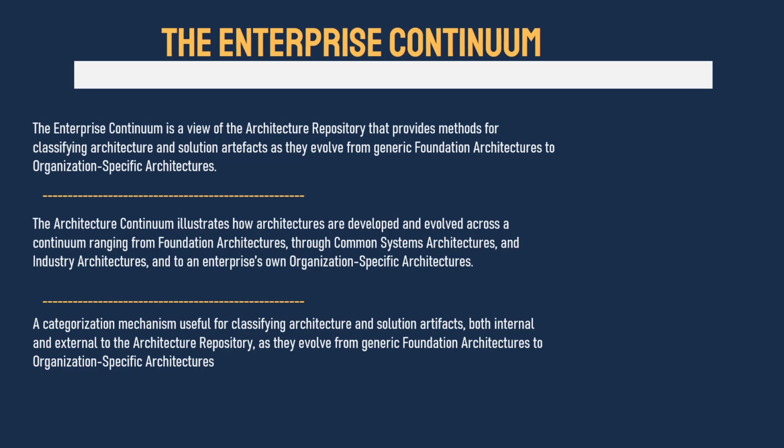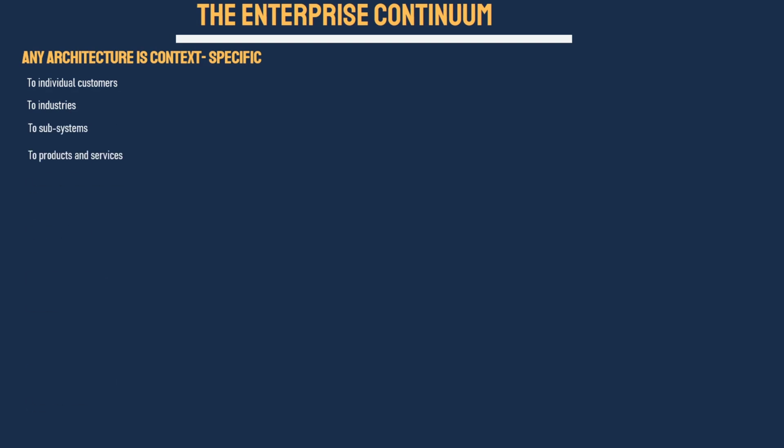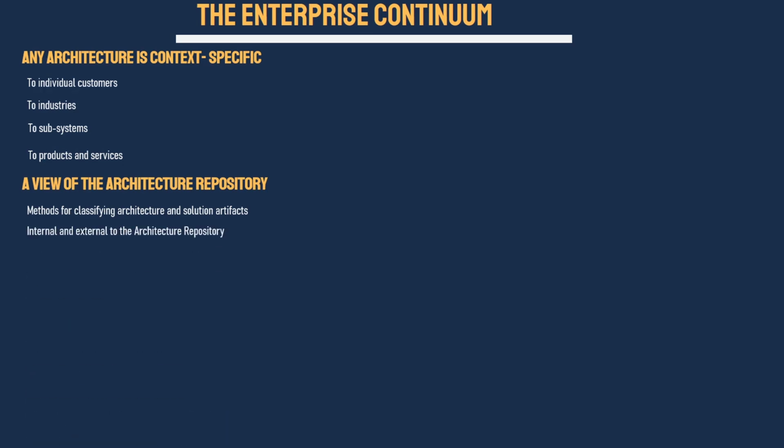Let's explain it once again in a fresh manner. Any architecture is context-specific to individual customers, to industries, to subsystems, to products and services. A view of the architecture repository, methods for classifying architecture and solution artifacts, internal and external to the architecture repository, from generic foundation architecture to organization-specific architecture.